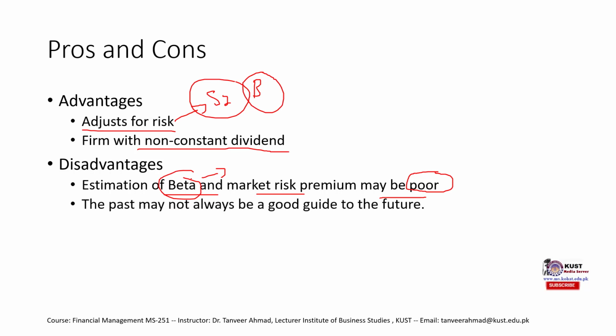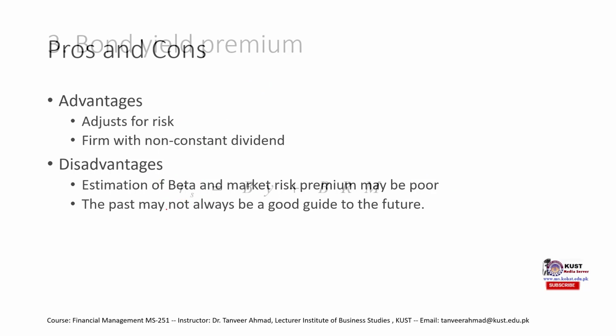So the past may not always be a good guide for the future. We estimate the beta based on past historical data, and although there is normally some kind of pattern, sometimes the past data may not exactly predict the future data. So this is one of the disadvantages of the CAPM model.